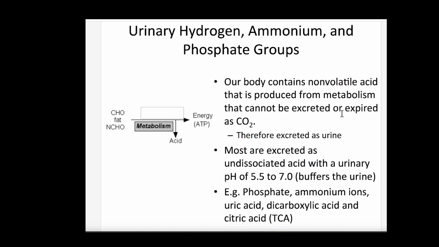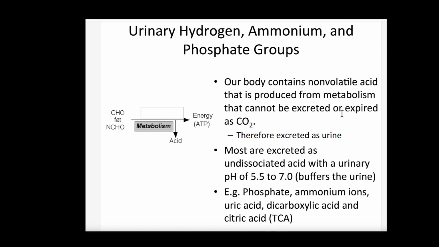Now, when it comes to other components like your urinary hydrogen, ammonium, and phosphate ions, you have non-volatile acid that is produced from body metabolism that cannot be excreted as expired CO2. So breathing is not going to help with the excretion of these components that aid in modulating the pH, and therefore it has to be excreted in urine.